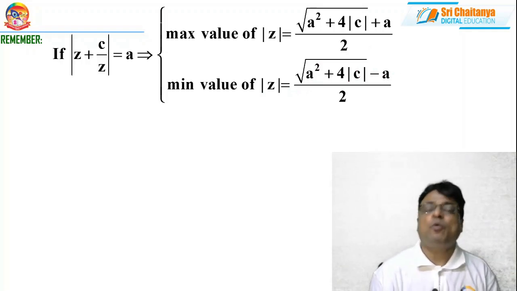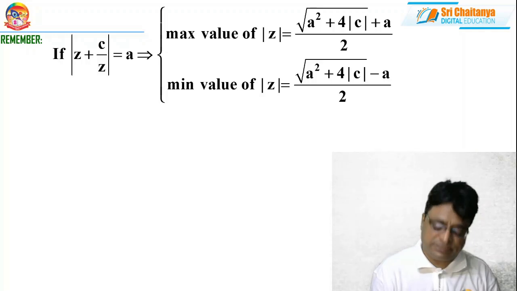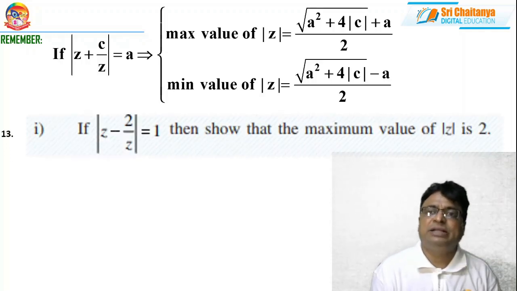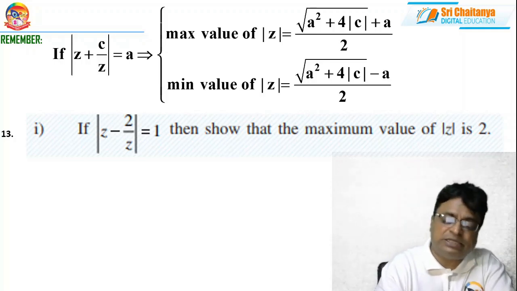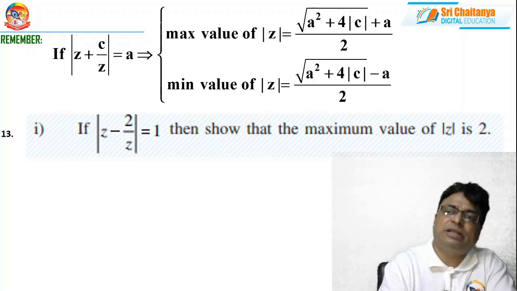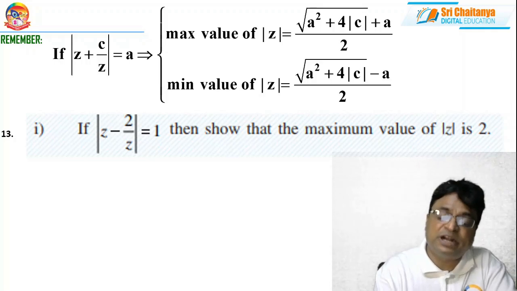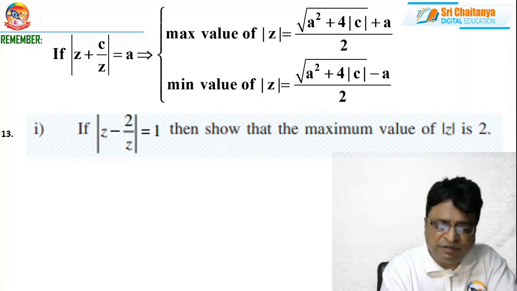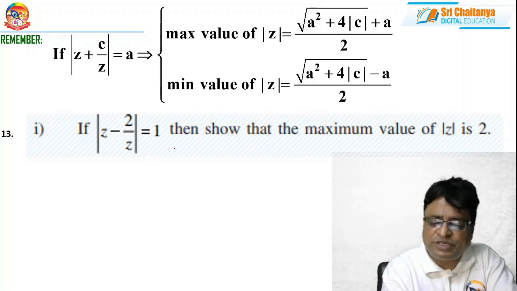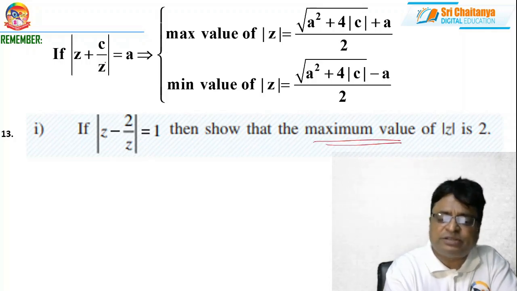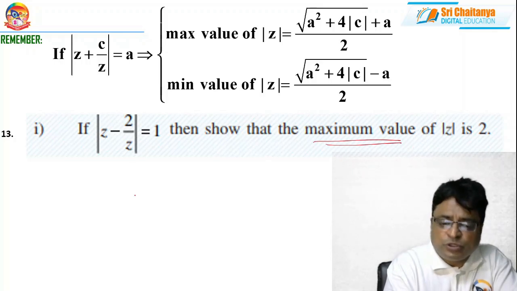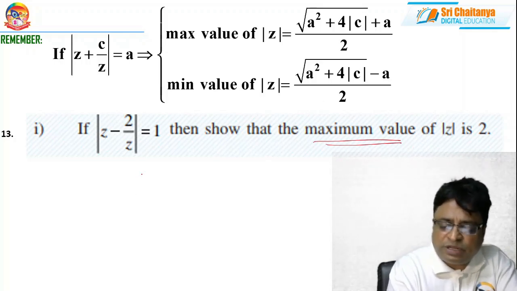Now, what is the use of these particular derivations? See the question. We can expect questions like this in competitive examinations. This is one of the old questions, and they asked this in the JEE Advanced examination also. Given: mod of z minus 2 by z is equal to 1, then show that the maximum value is... It looks like the above concept. So they are asking the maximum value. What could be the answer?